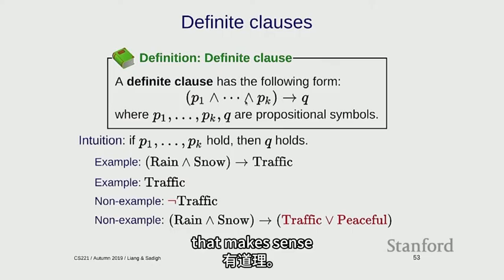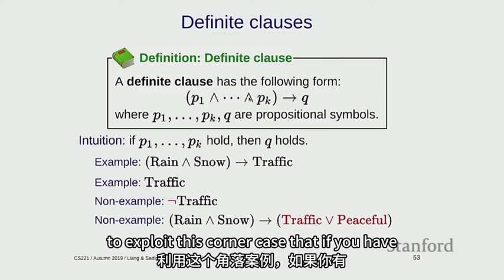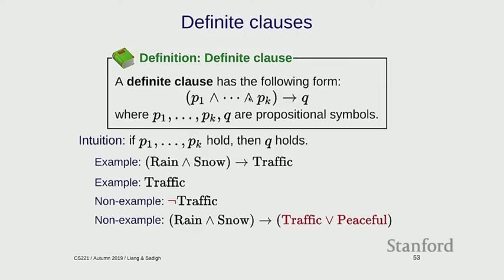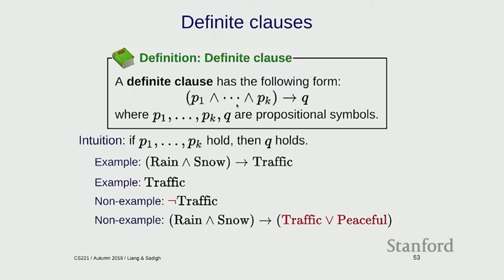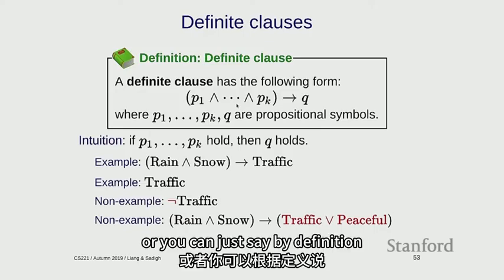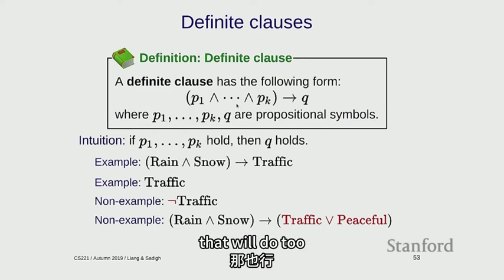I'm using this notation to exploit this corner case: if you have the AND of 0 things, then that's just true. Or you could just say by definition, definite clauses contain propositional symbols. That will do too.